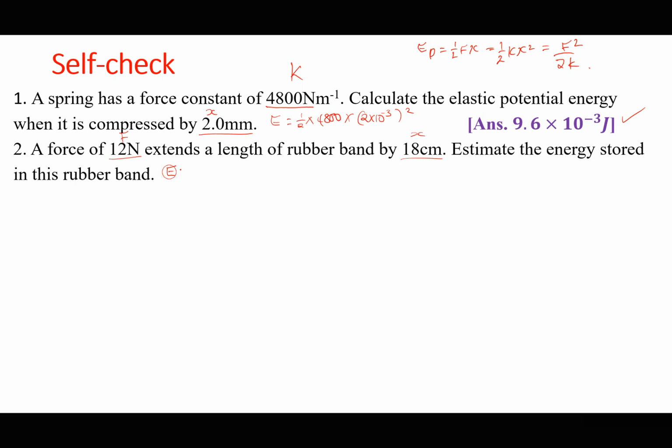So energy is going to be a half times 12 times 18 times 10 to the power of minus 2, but this should be squared. So this is giving me 0.19 joules. You can also verify.